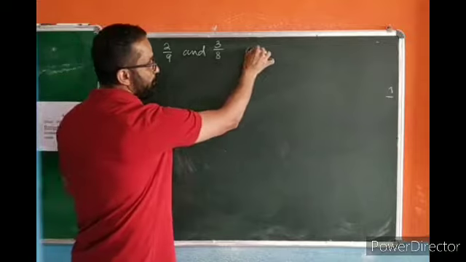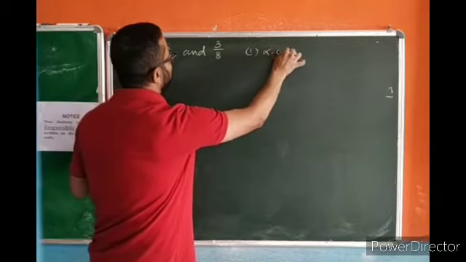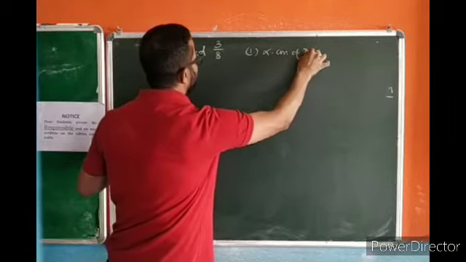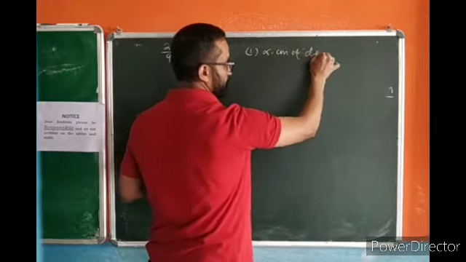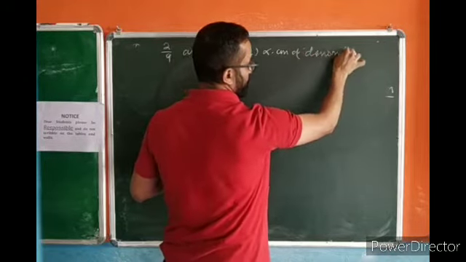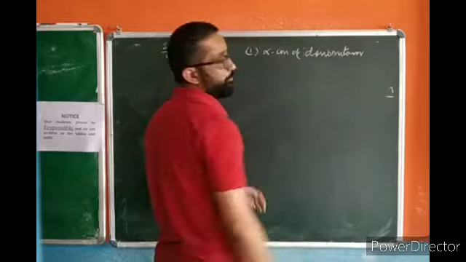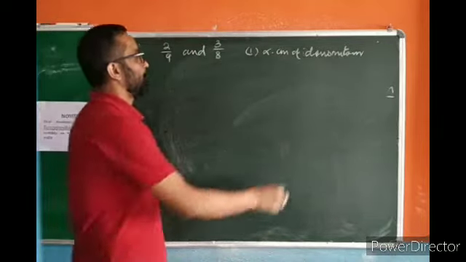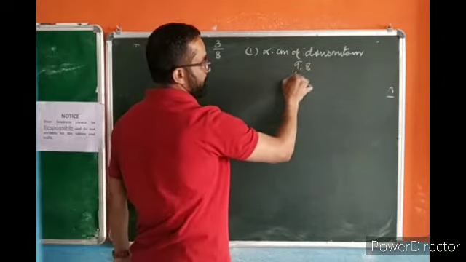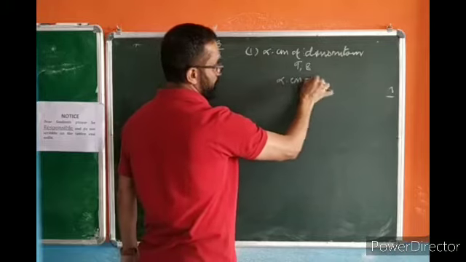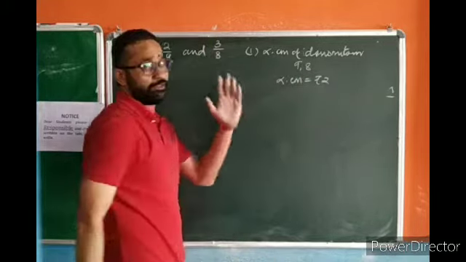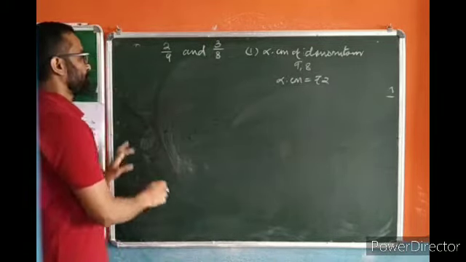Step number 1, we find the LCM of the denominators, that is 9 and 8. LCM is 72. You can find the LCM at the side.